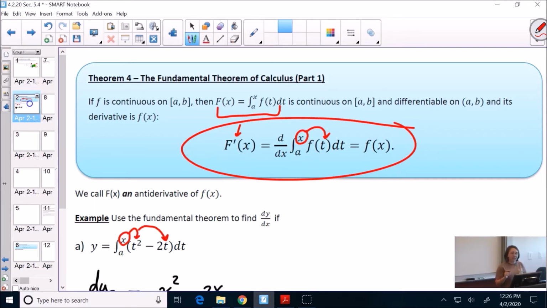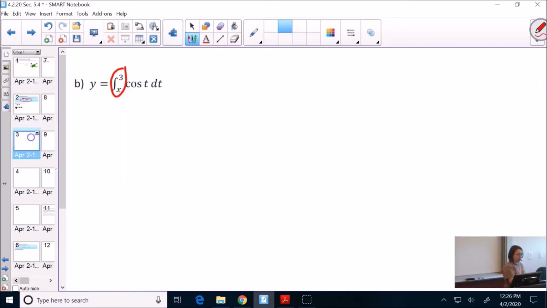Fundamental Theorem of Calculus says your lower limit has to be a, fixed value. Your upper limit is where the x should be. So because of that, fundamental theorem doesn't apply. Or does it? Didn't we talk about something we can do to switch our limits of integration? If we switch our limits of integration, put the 3 at the bottom and the x at the top, what else do we have to do to our integral?